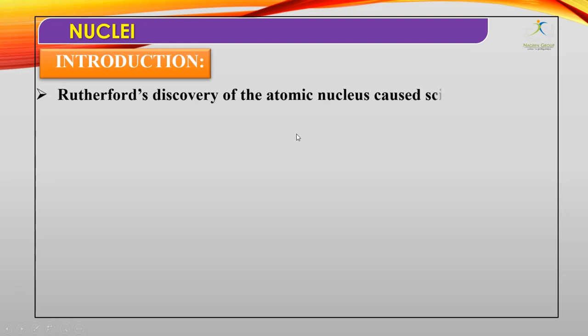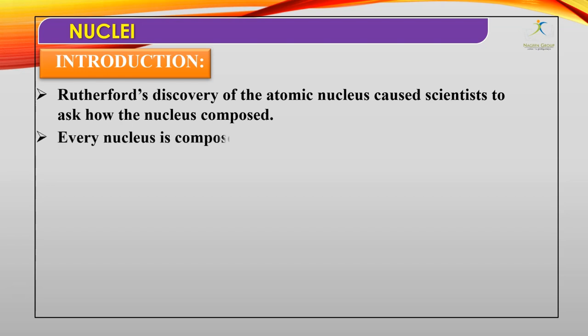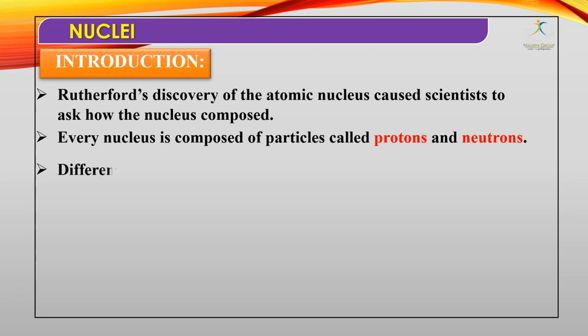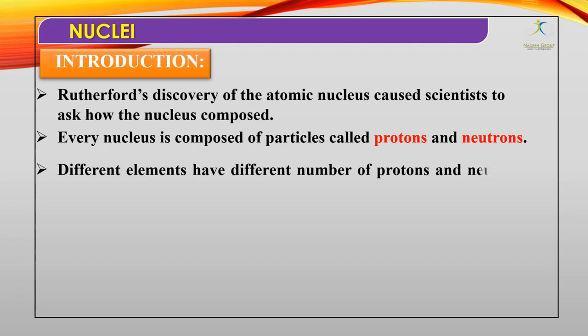So Rutherford's discovery of the atomic nucleus caused scientists to ask how the nucleus is composed. Every nucleus is composed of particles called protons and neutrons. Different elements have different numbers of protons and neutrons in their nuclei.